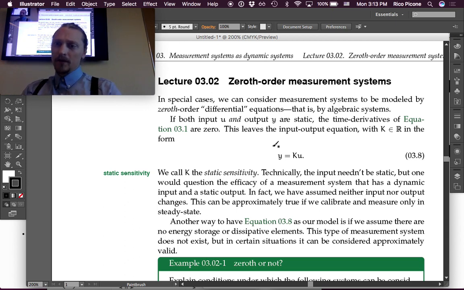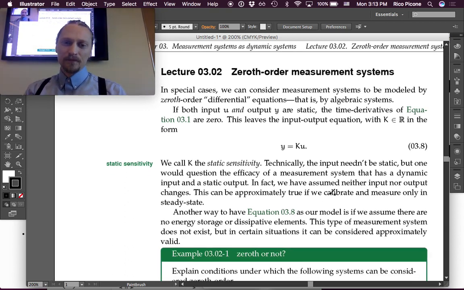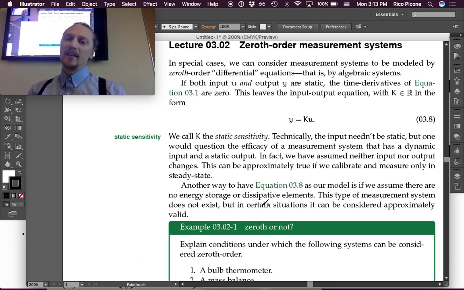All of those derivatives are 0. This leaves the input-output equation with some constant k in this form. So the output is just some constant times the input. It's my kind of measurement system. We call k the static sensitivity.